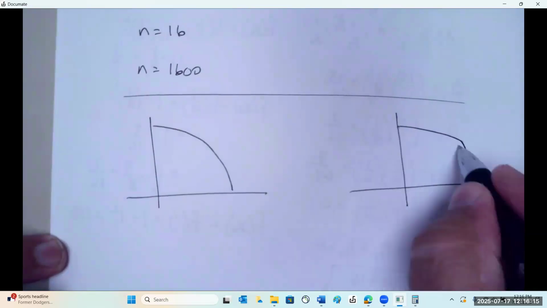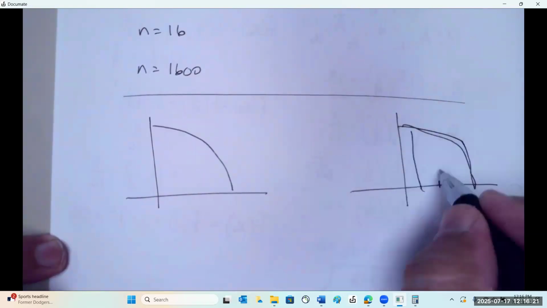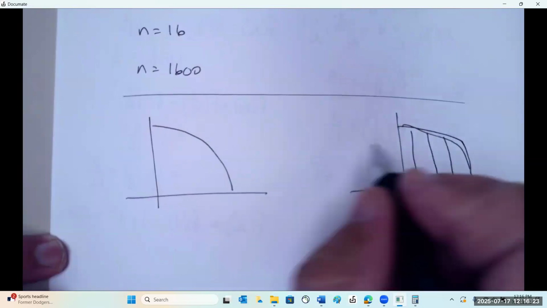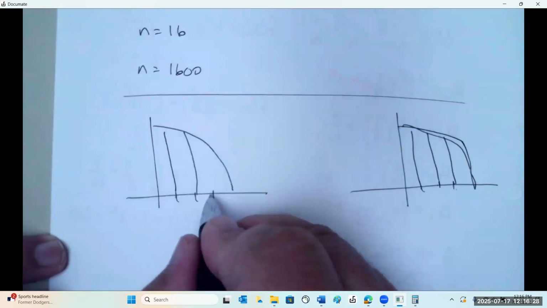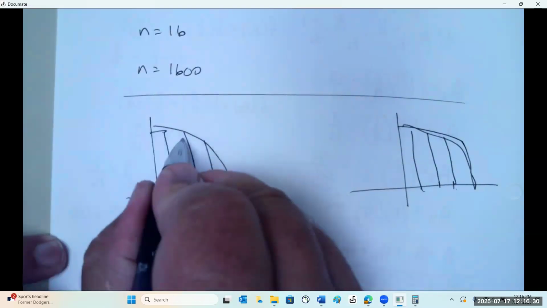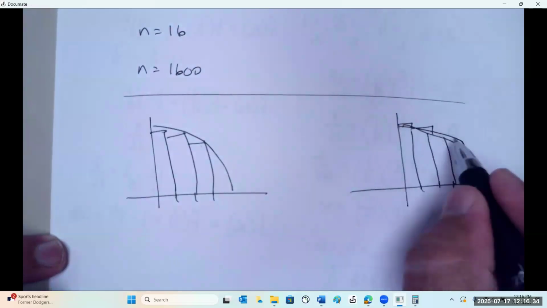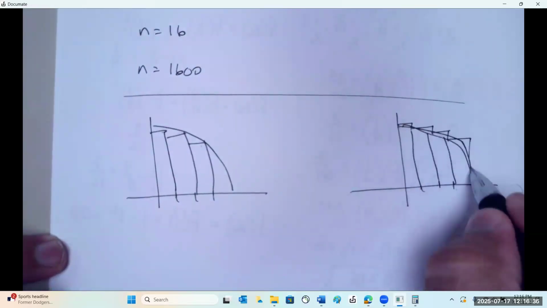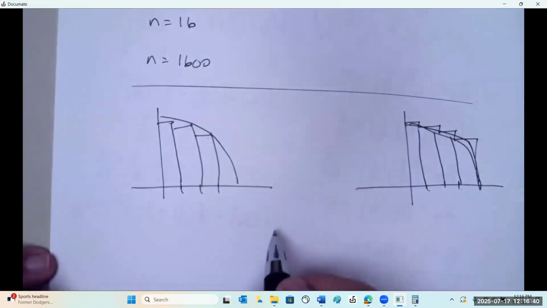This is what we have so far: we have the inscribed and we have the circumscribed.